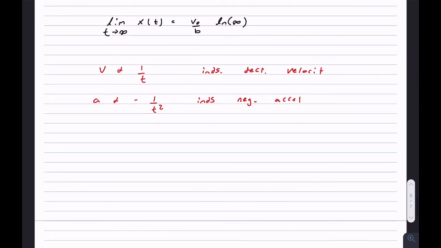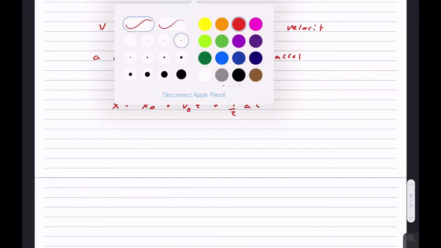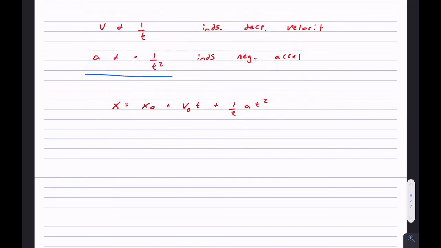Okay, and if we consider kinematics, right, we have these equations of motion, but these only work for constant acceleration. So now if we look over here at this function of acceleration, this is not a constant. It depends on t.